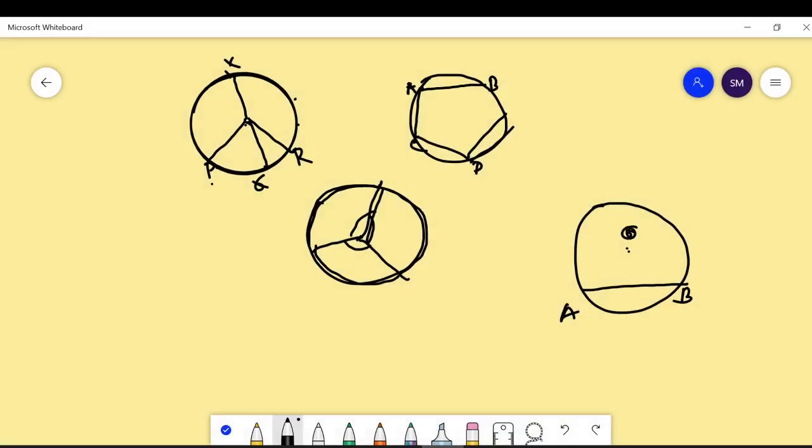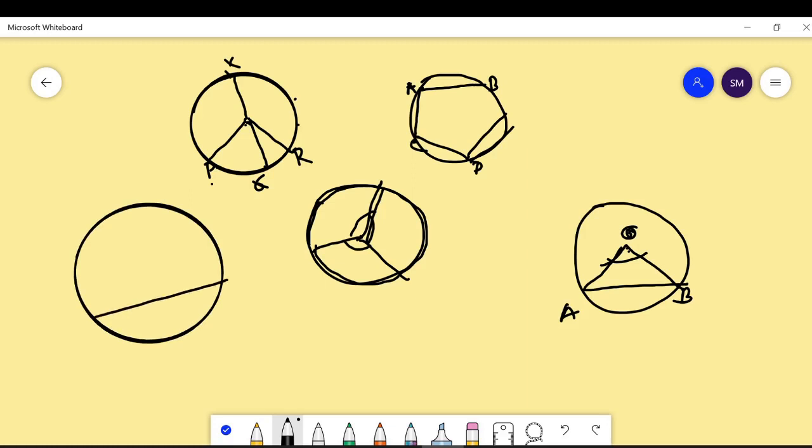Then this angle is called the angle subtended by the chord AB. Suppose PQ is a chord and O is the center. Then join OP and OQ. This angle is the angle subtended by the chord.